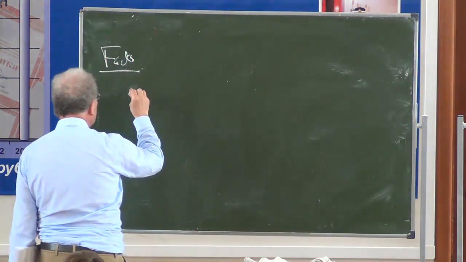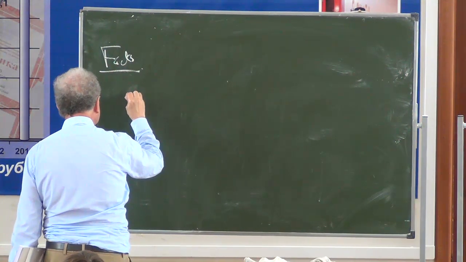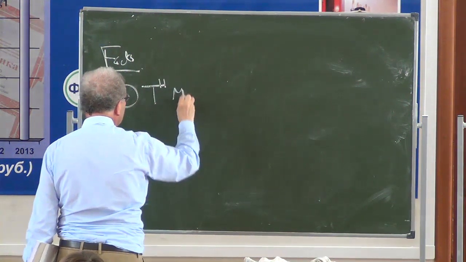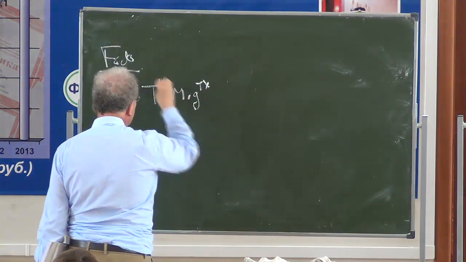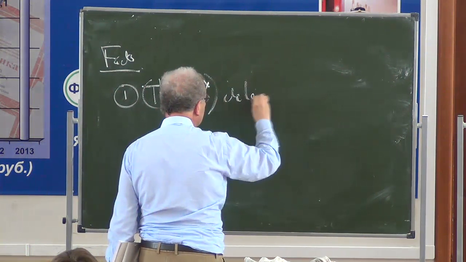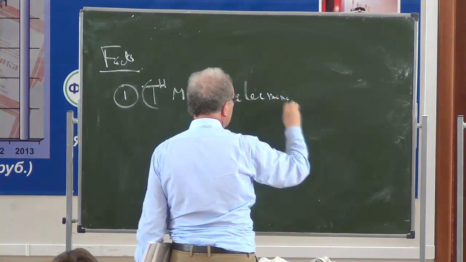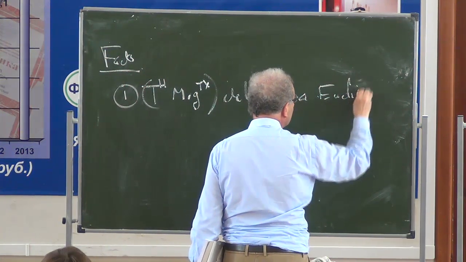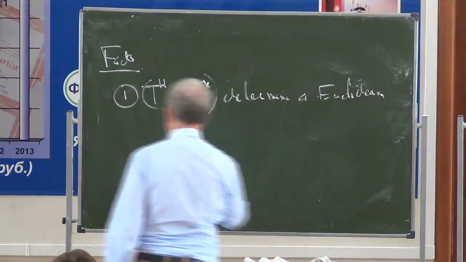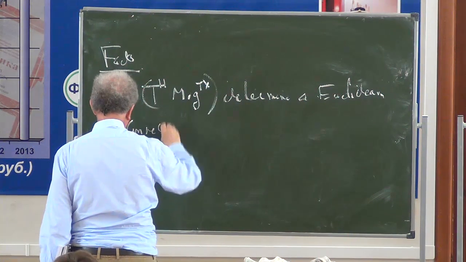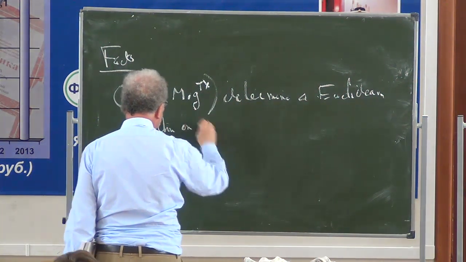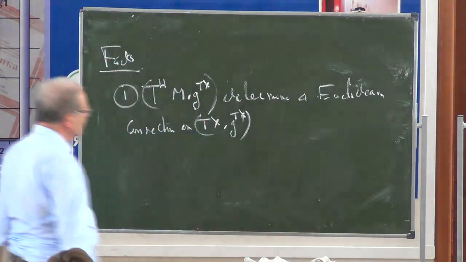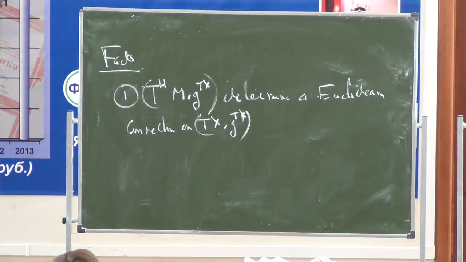This is a very simple statement: T^H M and g^TX determine a Euclidean connection, that is a metric preserving connection on TX, g^TX. In some sense these two data determine a connection on this vector bundle.